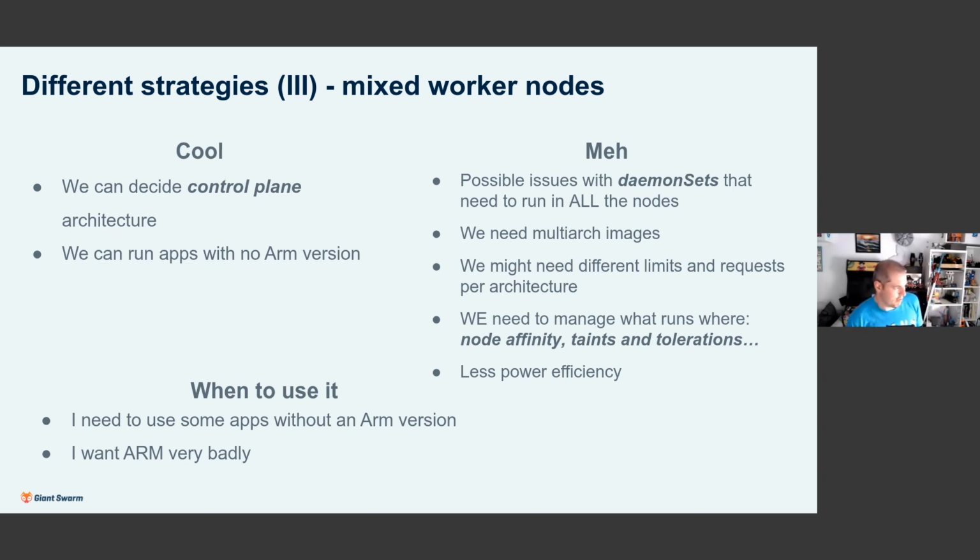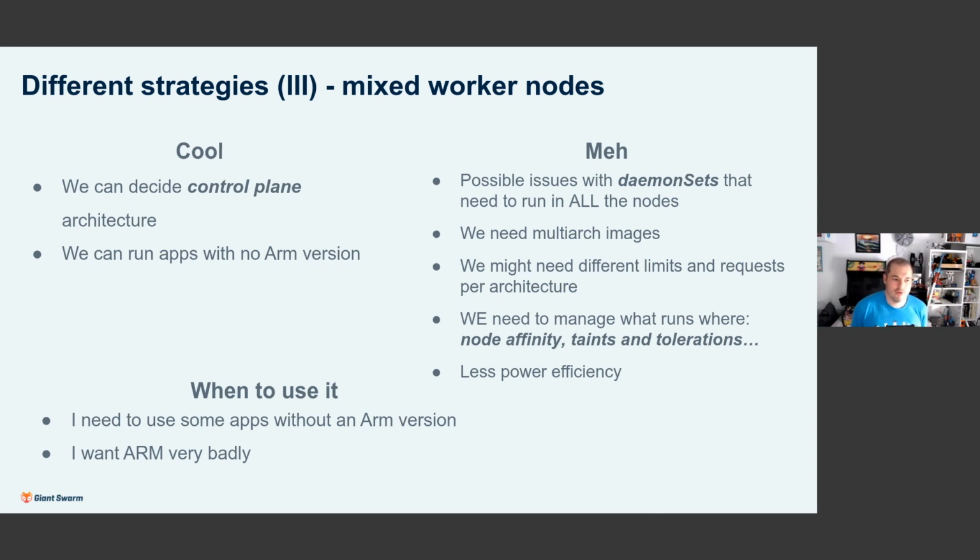This strategy has many possible issues with daemon sets, because you need to run them in all the nodes. That would be problematic. Everything will need to be multi-arch, which is more complex. And there's one more problem. When you use Kubernetes, this is a shared resource, so you need to set requests and limits for the resources that you are using in the cluster.